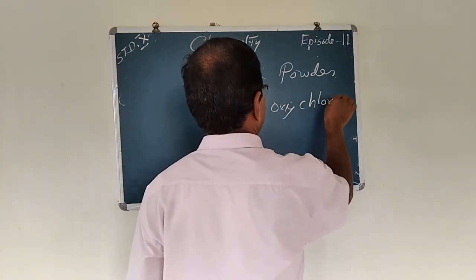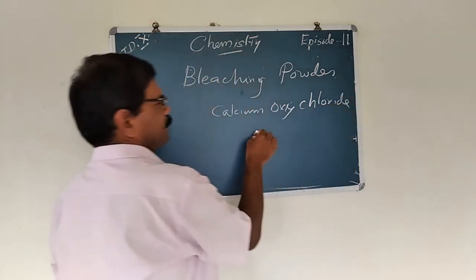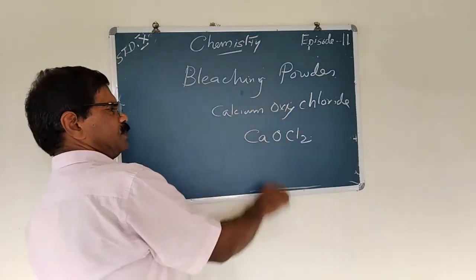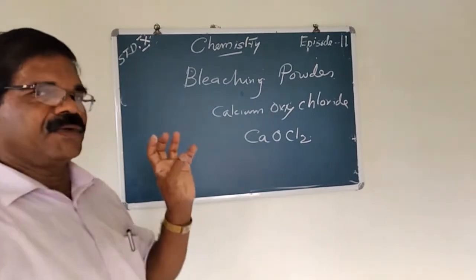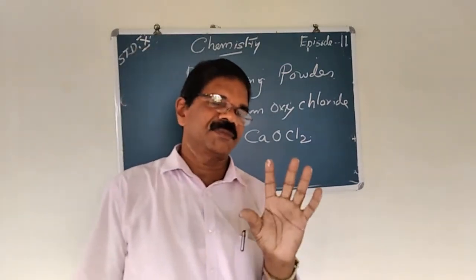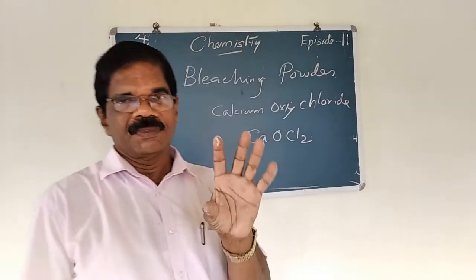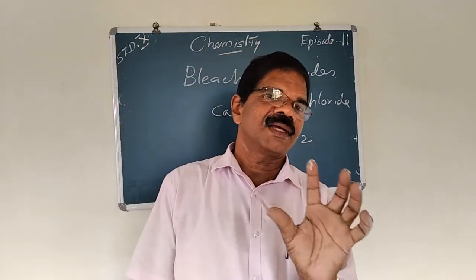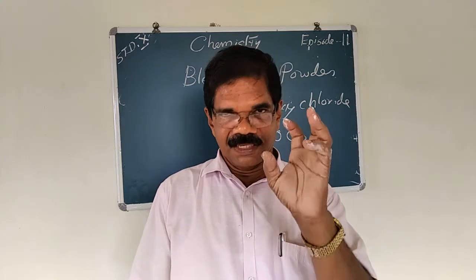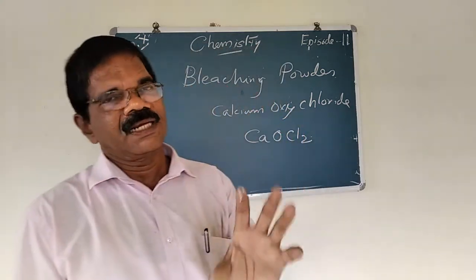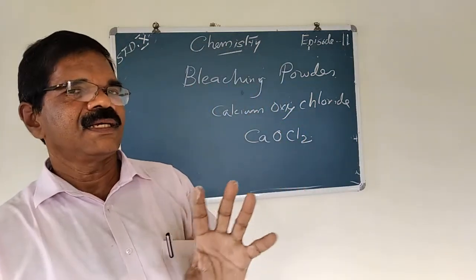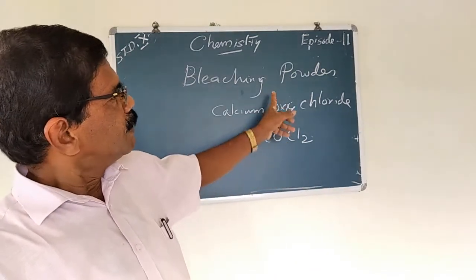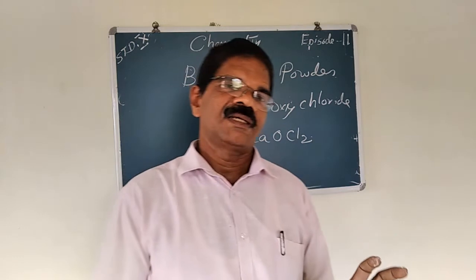Its chemical formula is CaOCl2. Whenever you study these things, you must always remember the common name, the chemical name, and you must write its chemical formula also. That is how bleaching powder becomes a familiar thing.